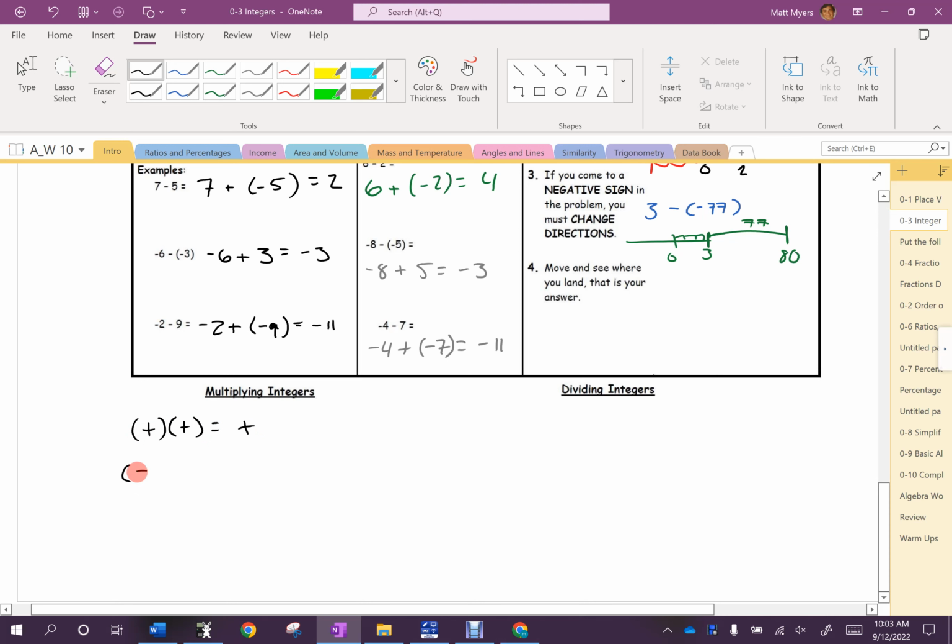What happens if I do a negative times a negative? Are they the same sign? Yeah. So what's my answer going to be? Same sign is positive. Now you're smart kids. What if I have a positive and a negative? What's the answer going to be? It's going to be negative. That's it. So when you're punching stuff into your calculator, before you bother with plus and minus, just look.